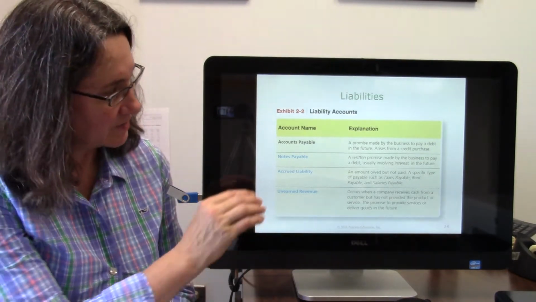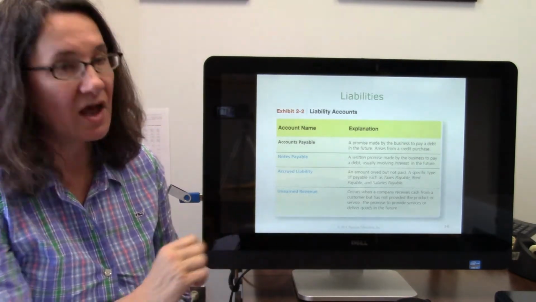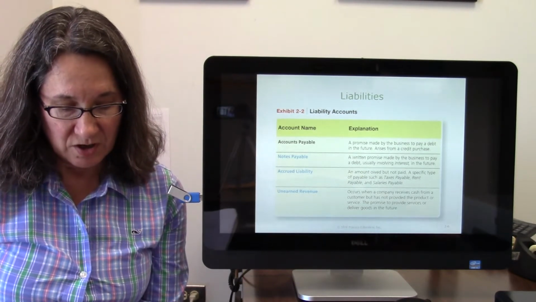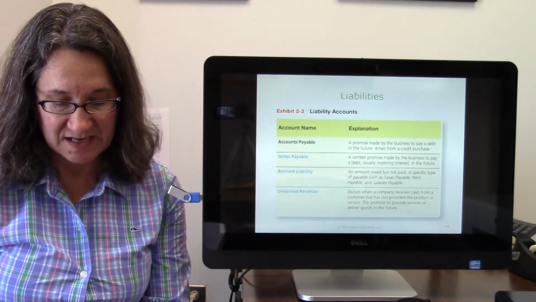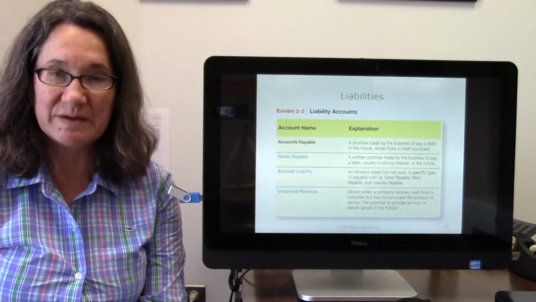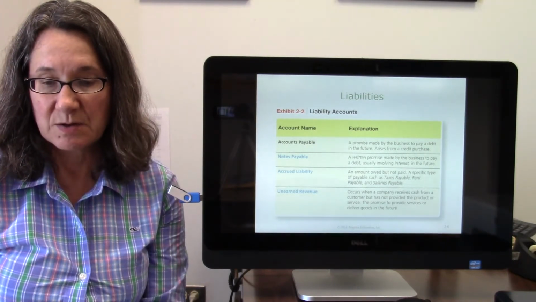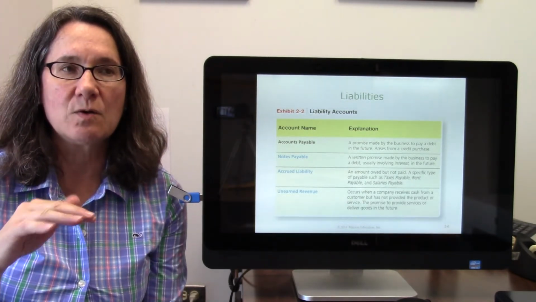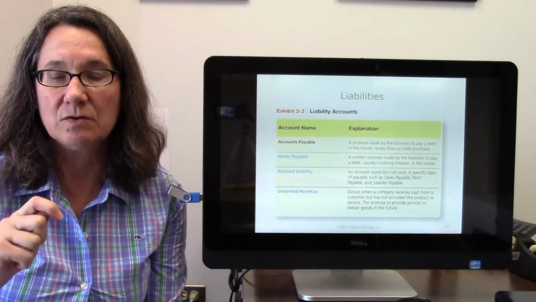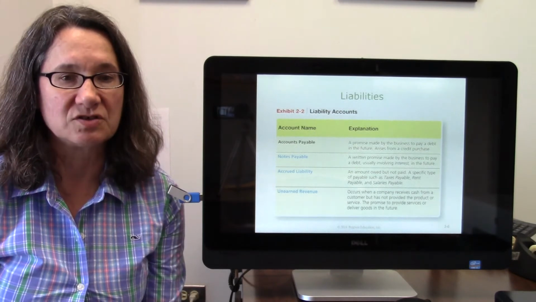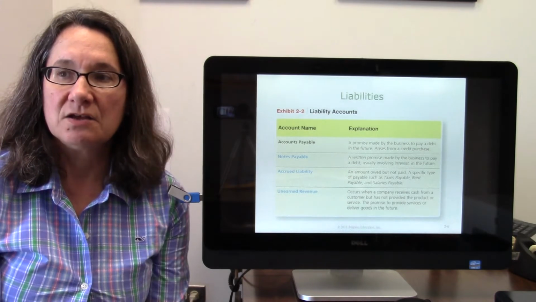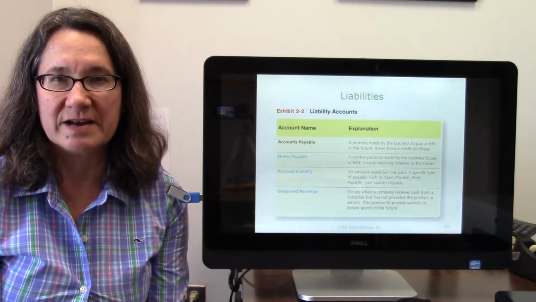Then, finally, there's another new kind of liability called an unearned revenue. Unearned revenue occurs when a company receives cash from a customer before the business provides the goods or services. So we don't get to actually claim revenue until we provide the good or the service. Sometimes people pay up front. Like when you graduate, you're going to get your diploma framed in a nice frame.